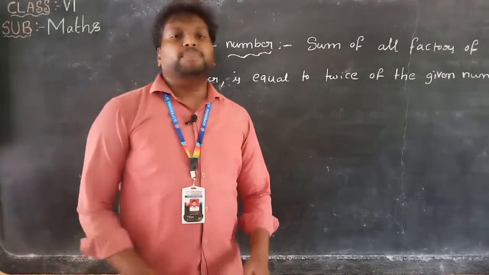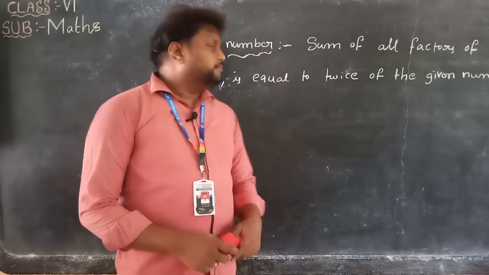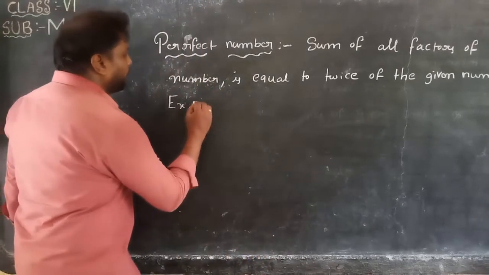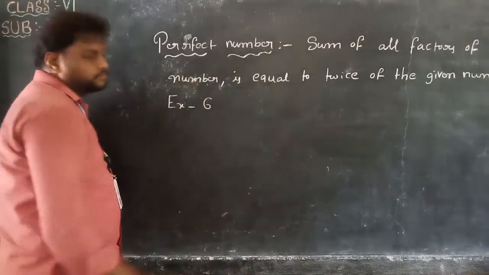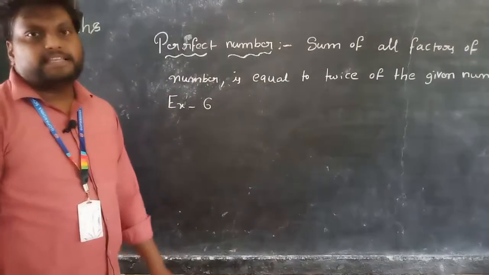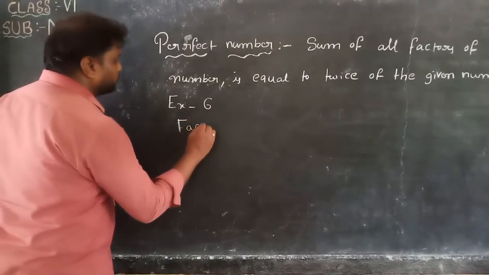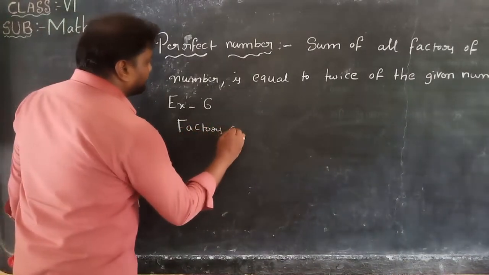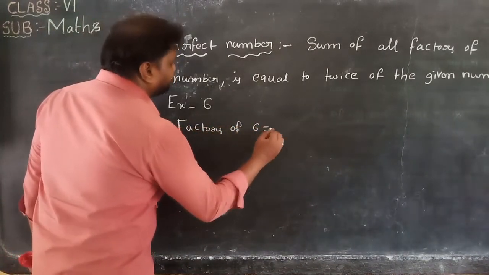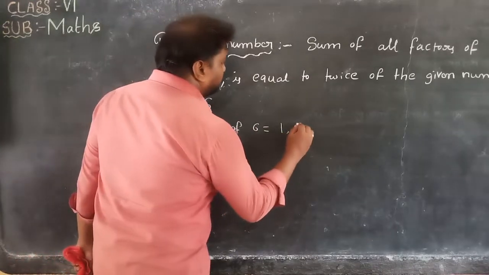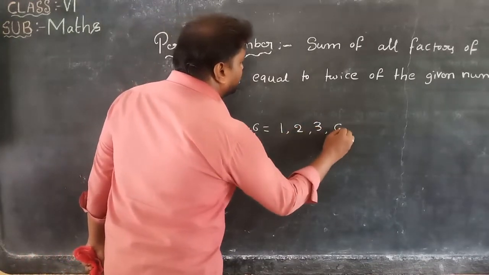For example, they gave 6. Now we'll check whether 6 is a perfect number or not. First, the factors of 6 are 1, 2, 3, 6.